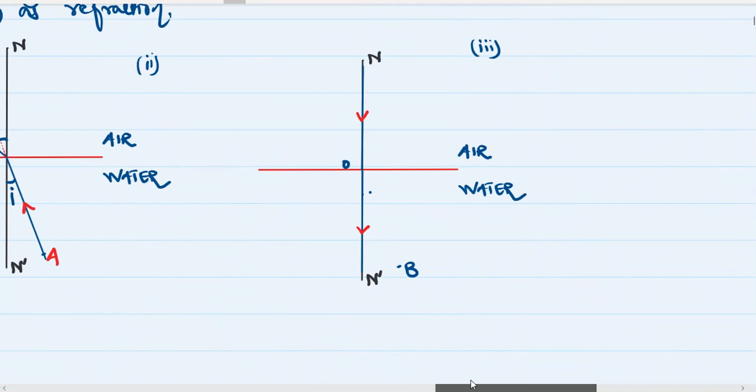If it enters perpendicular to the surface separating two media, then it will not bend, and no refraction will happen. So bending of light will not be evident or visible when the ray of light enters from one transparent medium to another normally. So that is the third case I wanted to show.